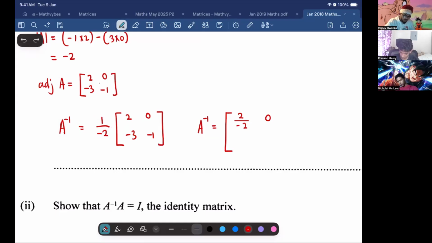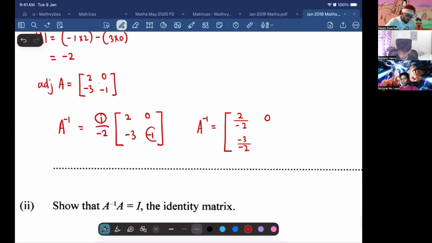So to work that out, you're going to multiply 1 by -3. What is 1 by -3? -3. And we're going to put that over -2. Right. Then we have -1/2 and -1. So what's 1 by -1? -1. So -1 over -2. You're cool, right?